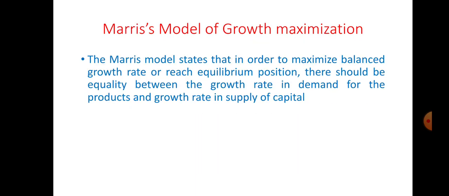So this is the main drawback in this model, and we have the next model called Marris's model of growth maximization. Marris's model states that in order to maximize balanced growth rate or reach an equilibrium position, there should be equality between the growth rate in demand for the products and the growth rate in supply of capital.